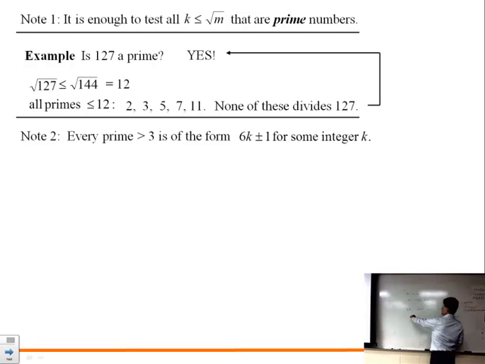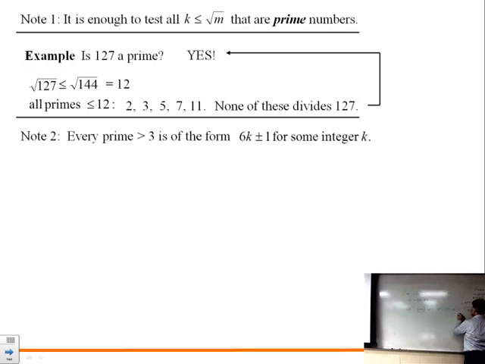Well, this is certainly not prime because it's a multiple of 6. That could be prime. That's not prime because it's a multiple of 2. It's even. That can't be prime because it's a multiple of 3, and we're bigger than 2 and 3. That can't, it's even, it's a multiple of 2. That could be prime. So the only 2 possible primes in this list, and that's certainly not prime.